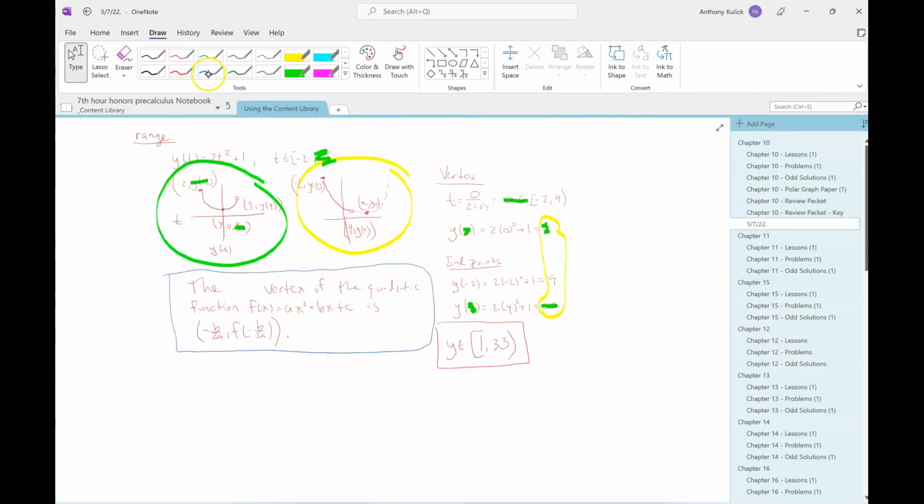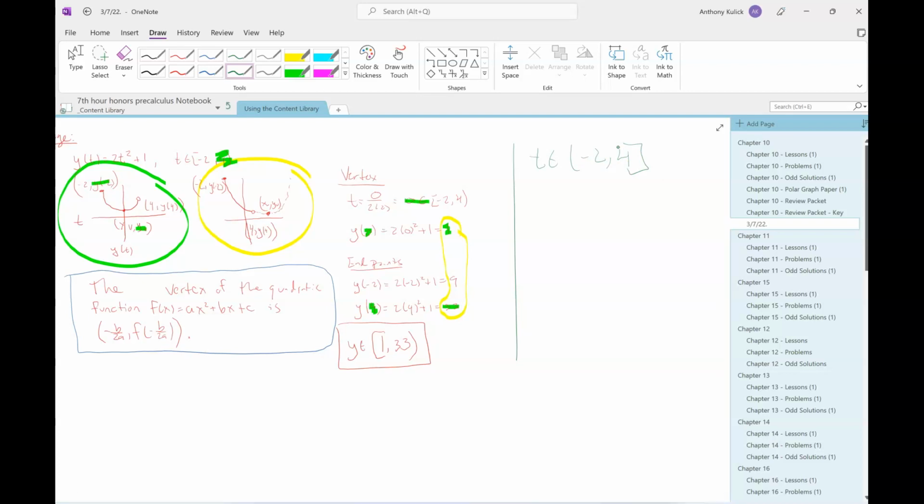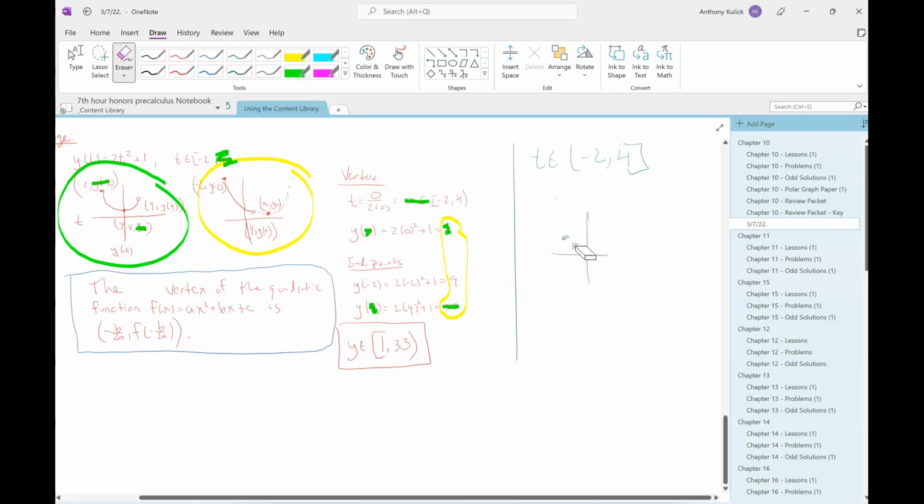Super hypothetical. What if we had the parenthesis reversed? So instead we had this.